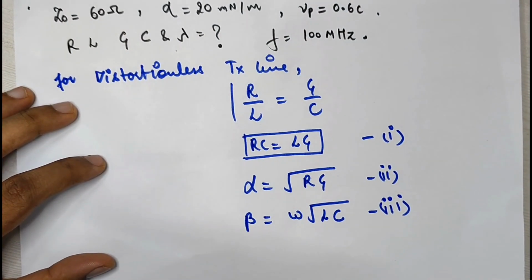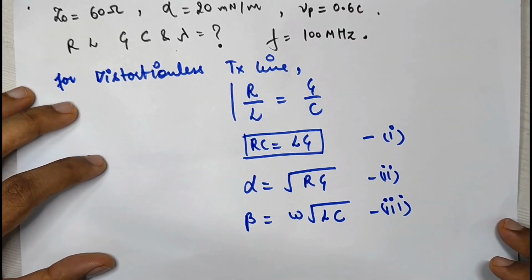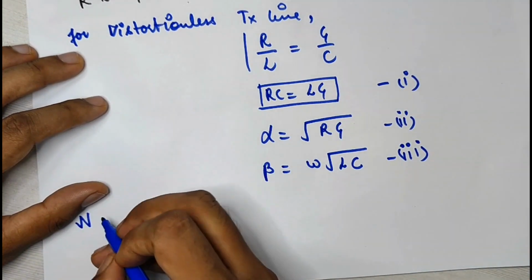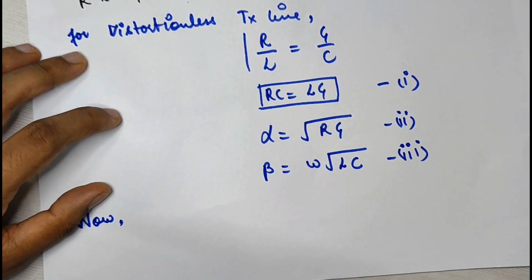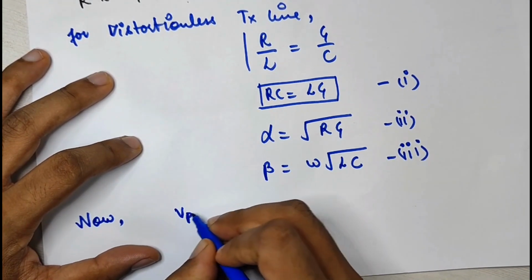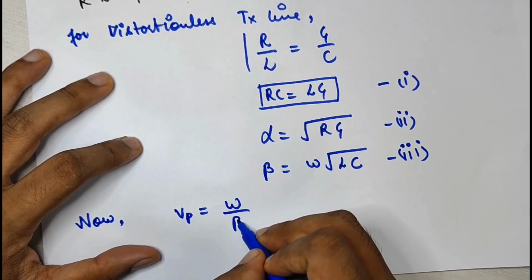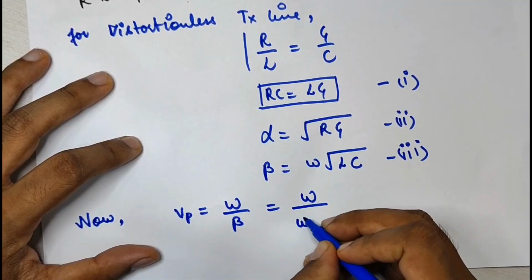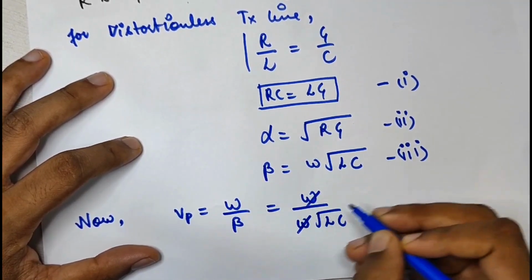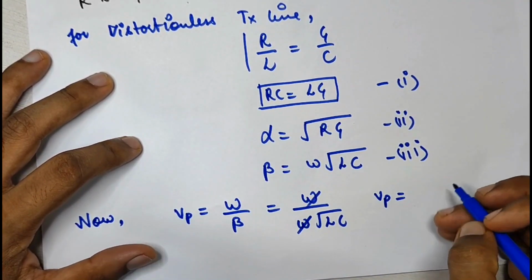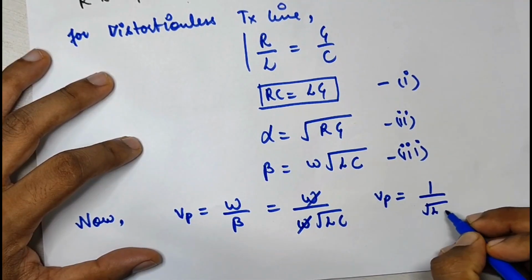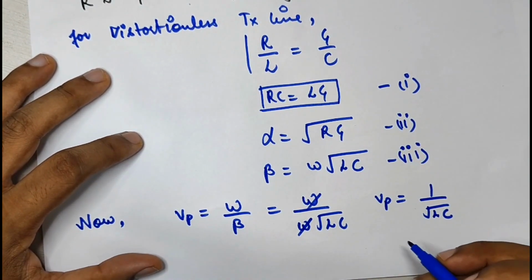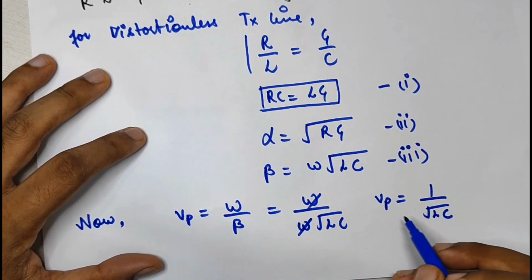Now, we know that phase velocity Vp is equal to omega by beta. We have omega, and we know the value of beta, which is omega under root LC. So Vp can be written as 1 upon under root LC. We know the value of Vp, so we will substitute.